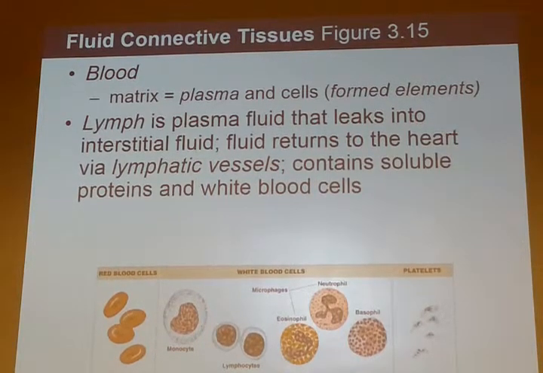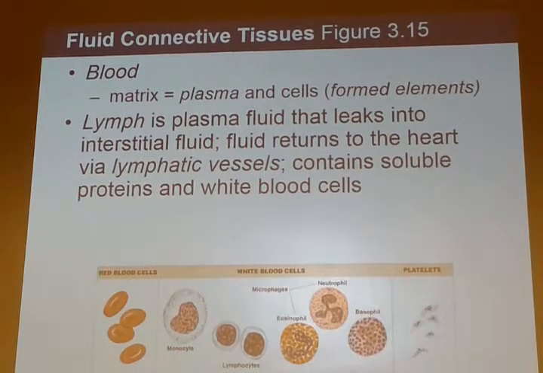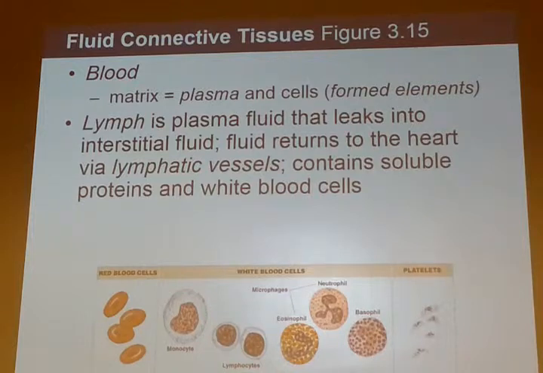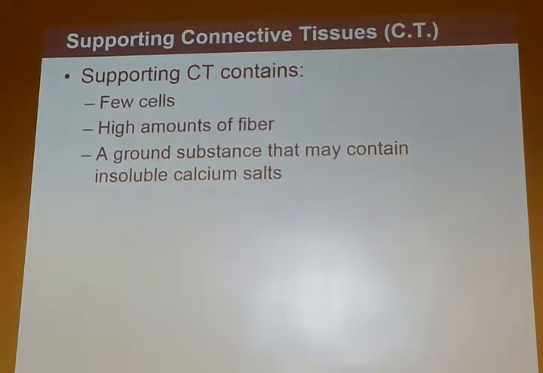But if fluid builds up in your tissue, then the tissues can be damaged. So you've got lymph, which is plasma minus proteins that has leaked out into the interstitial fluid, and you're going to use the lymphatic vessels to get it back to the heart.